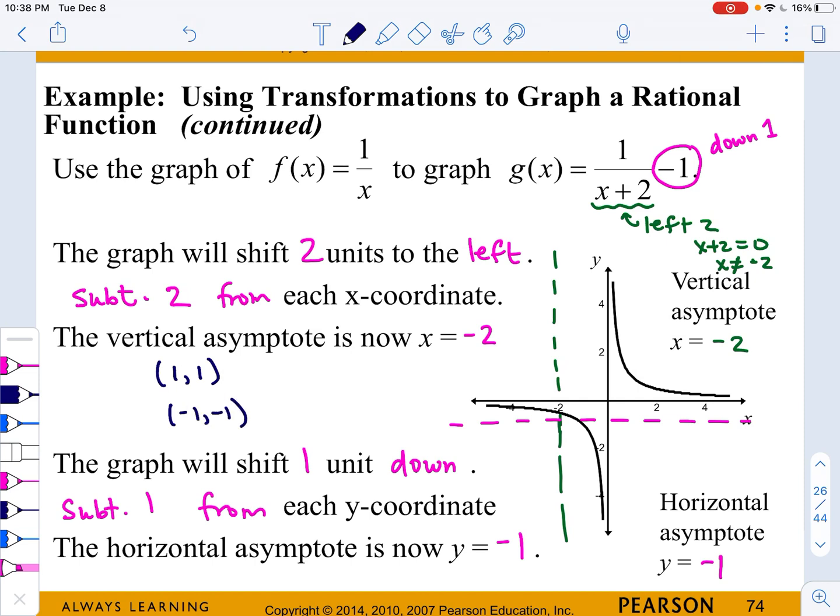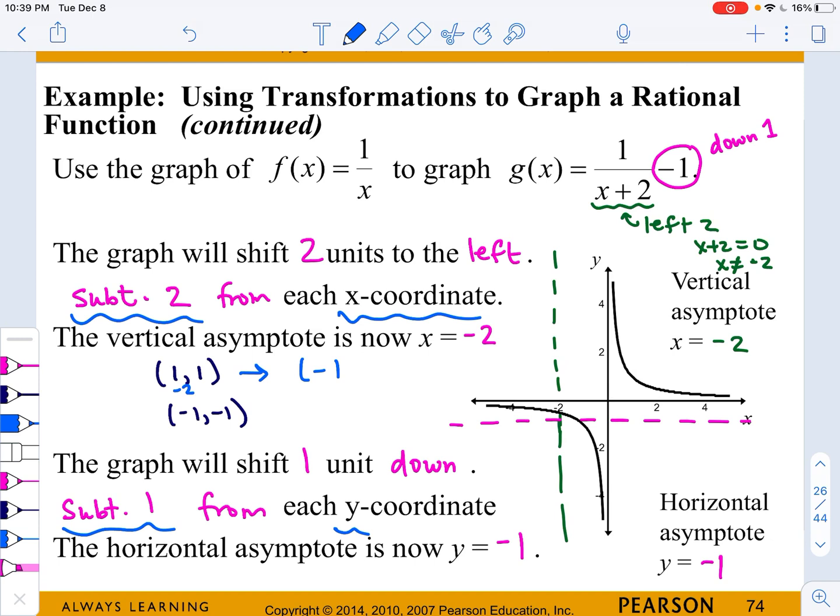And all we're going to do now is these two things. We're going to subtract 2 from the x coordinate, and then we are going to subtract 1 from the y coordinate. So if I subtract 2 from the x coordinate, 1 take away 2 takes us to -1.